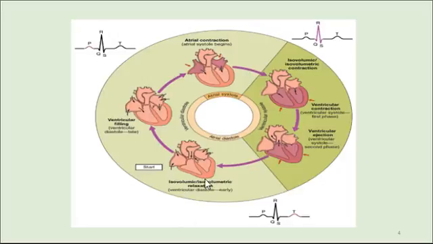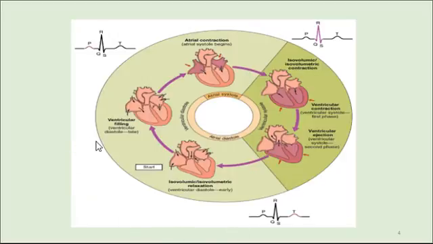This leads to the isovolumetric relaxation. When the ventricle pressure falls below the pressure in the aorta and the pulmonary artery, the aortic and pulmonic valves close. All valves are closed during this phase. The atrial diastole occurs as the blood fills the atria.